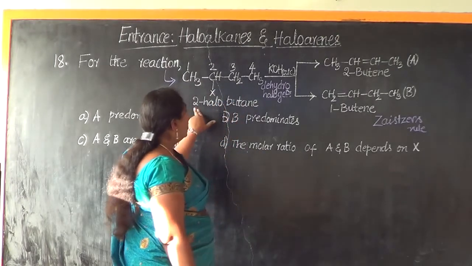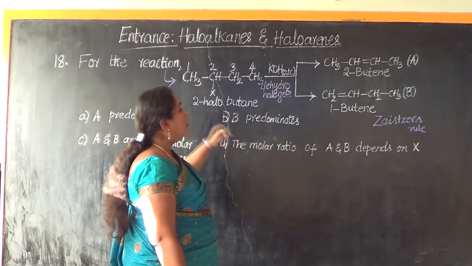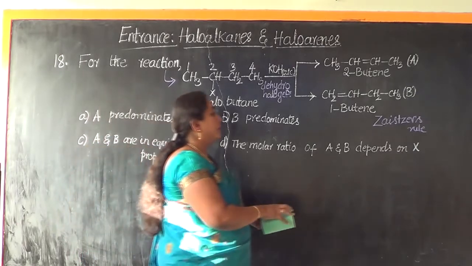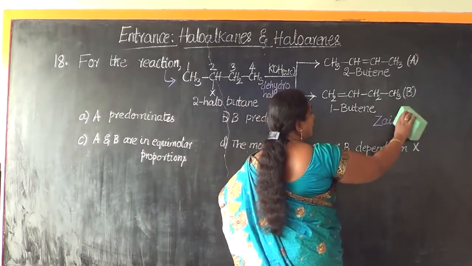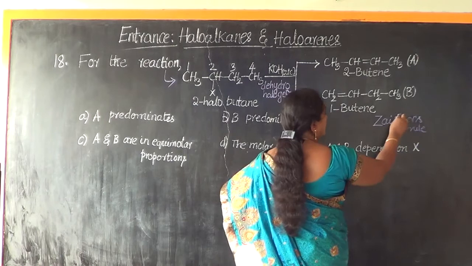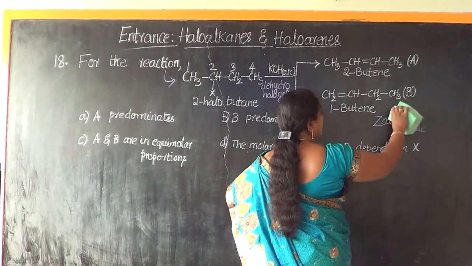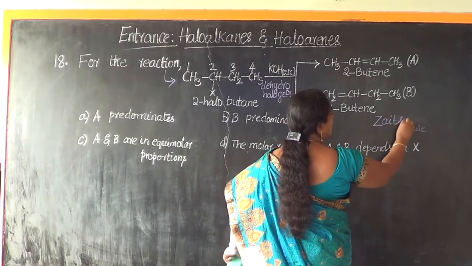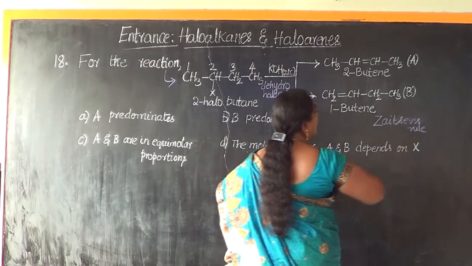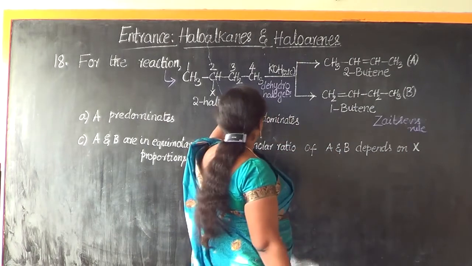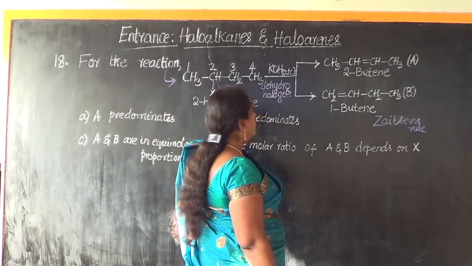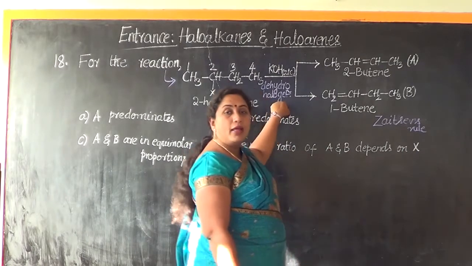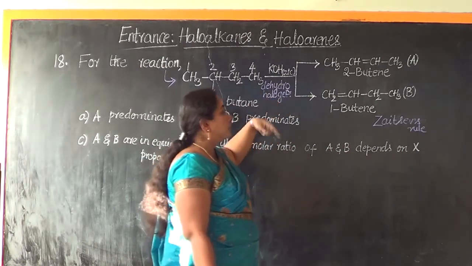Now this 2-halobutane can undergo dehydrohalogenation in more than one way. Let me just correct the spelling of this. So if this 2-halobutane can undergo dehydrohalogenation in more than one way, the preferred alkene is the one which is highly substituted.